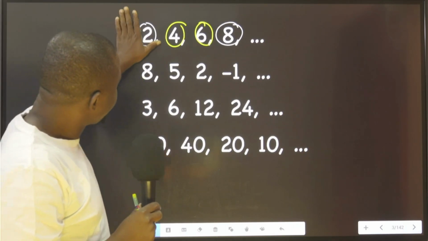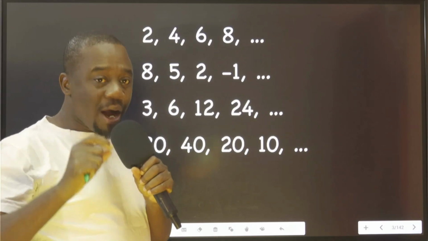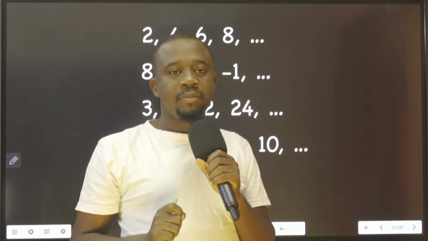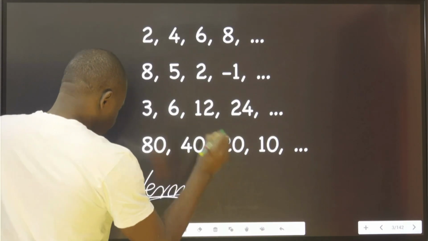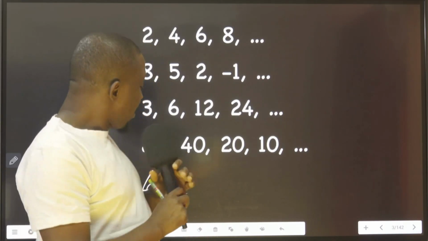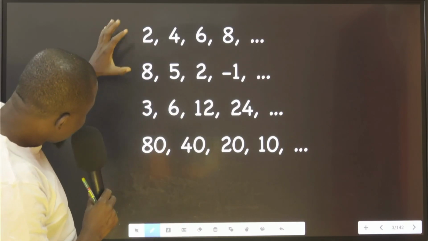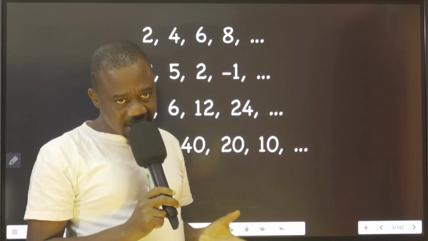Okay? So these elements are called terms. The terms of what? A sequence. What you will observe here, in each of the sequence, we have different patterns.